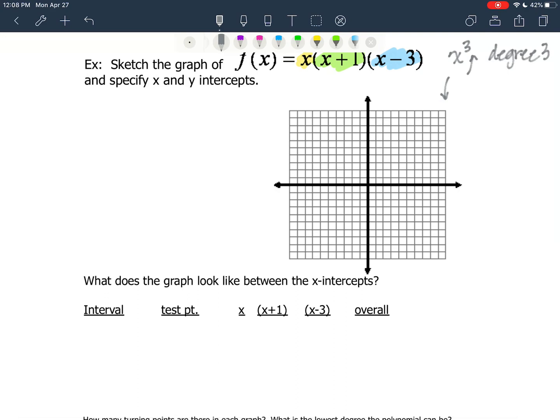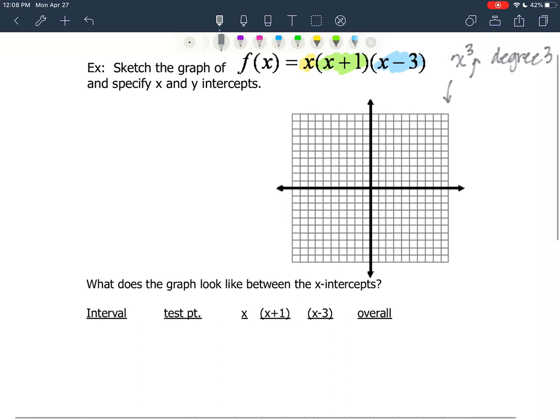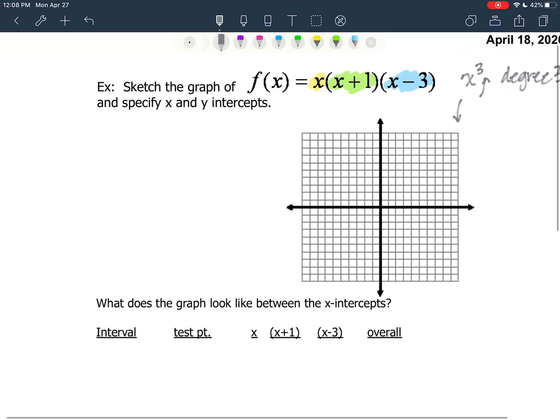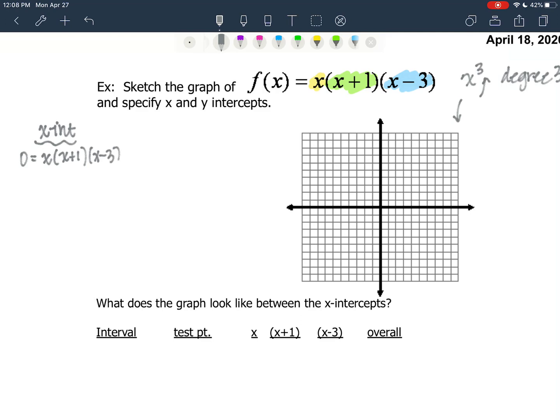So what's going to happen here is we're going to first need to find the x-intercepts and the y-intercept. The x-intercepts are the value of x when y is 0. So we have 0 equals x times x plus 1 times x minus 3.